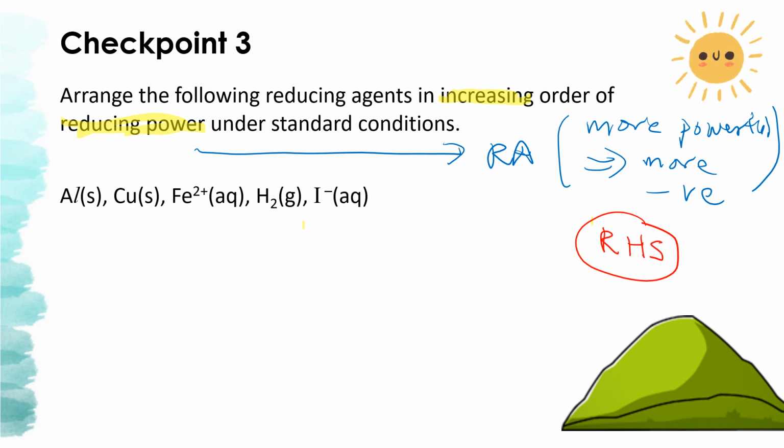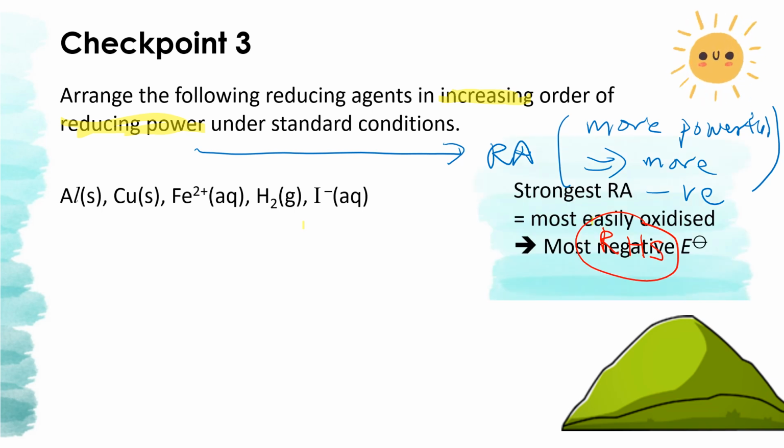That means we read the reversible equation from right to left, because after all, a reducing agent is oxidized. So we will need to look at the data booklet now. Most negative E value.